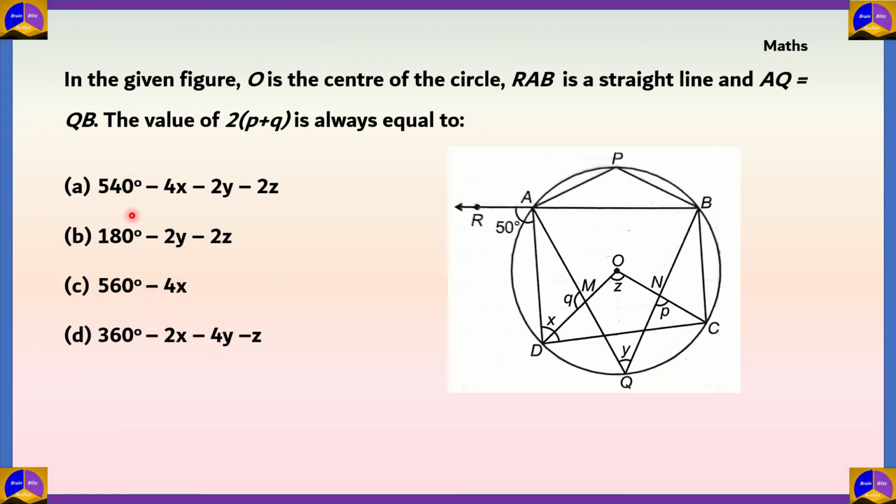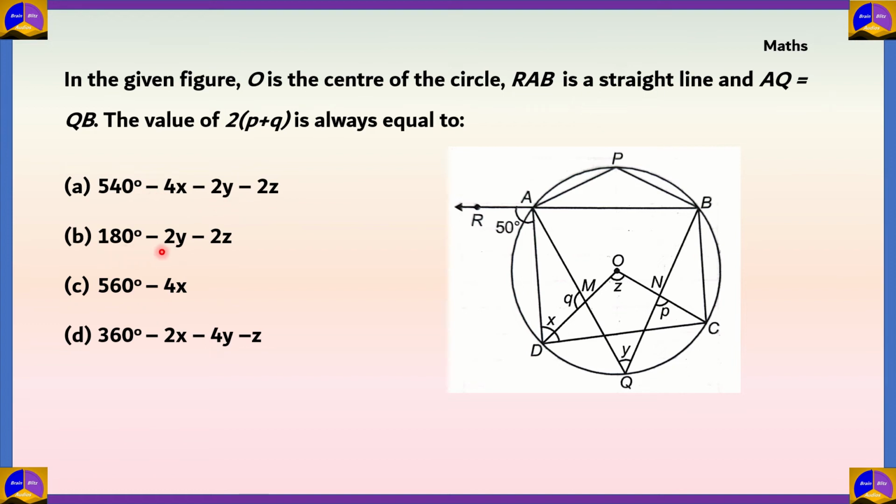This is our question. In the given figure, O is the center of the circle, RAB is a straight line, and AQ is equal to QB. The value of 2 times B plus Q is always equal to: A. 540 degrees minus 4x minus 2y minus 2z.